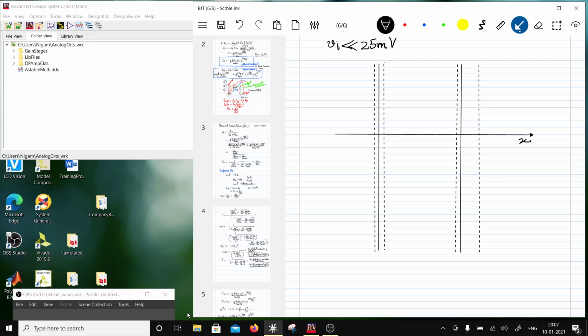We have seen that the cause of the collector current is basically this gradient in the base, and this is what I'm representing on the y-axis, the carrier concentration, right?